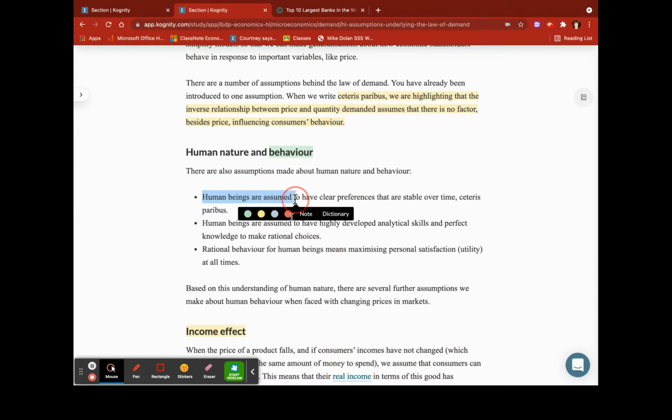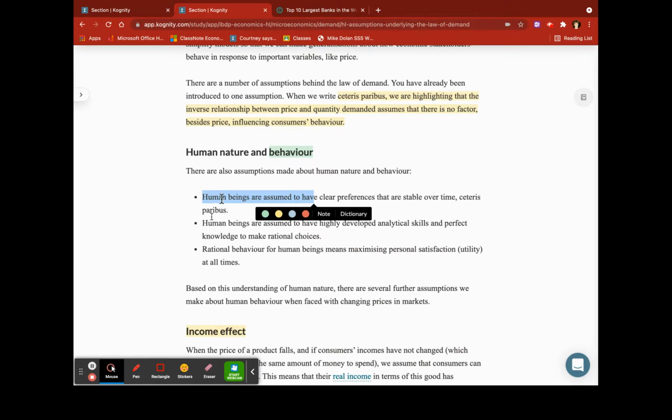And when we get into behavioral economics, some of these assumptions, behavioral economics will go after the fact that some of these assumptions are just too rigid to really talk about humans.